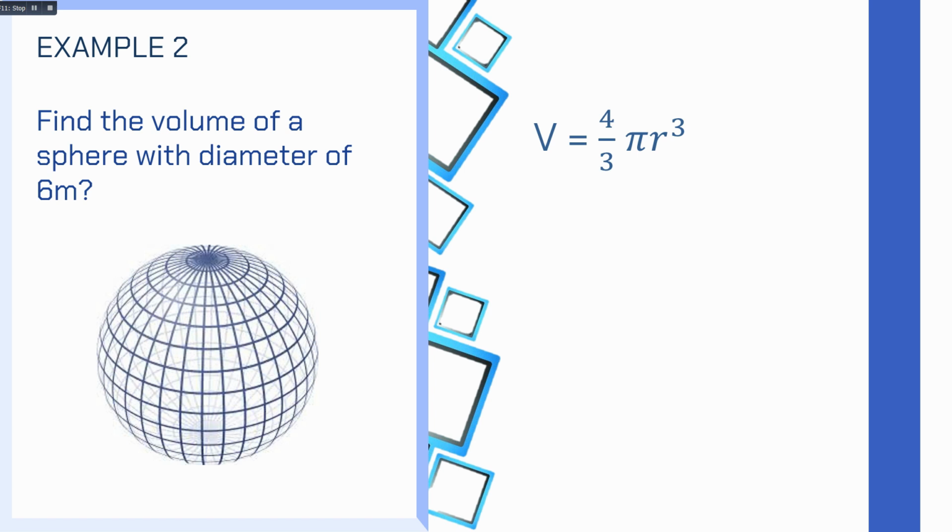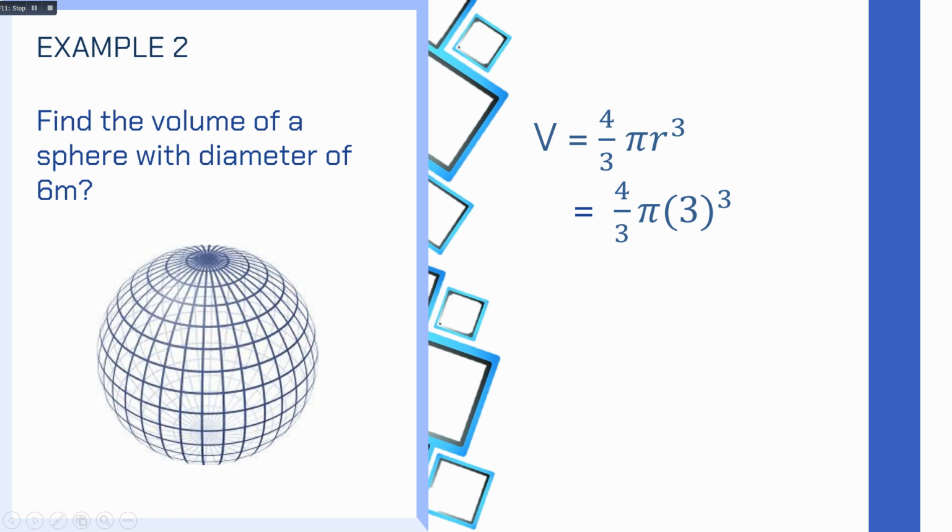To get the radius, you just need to find half of the diameter. 6 divided by 2, the answer would be 3. So our radius value is 3.